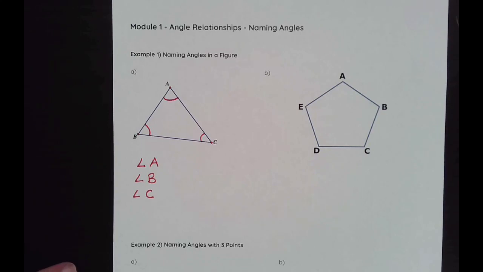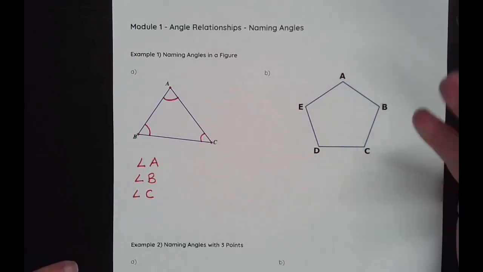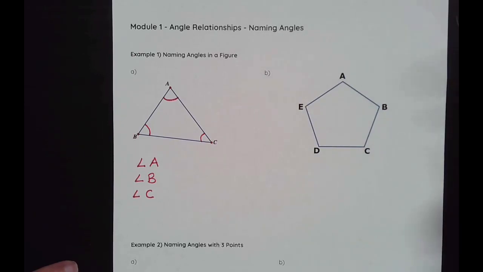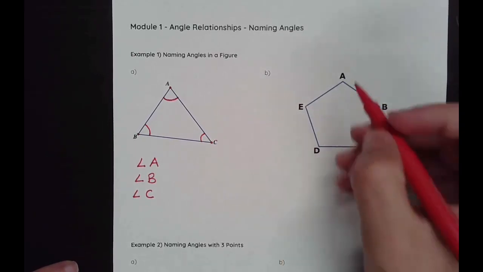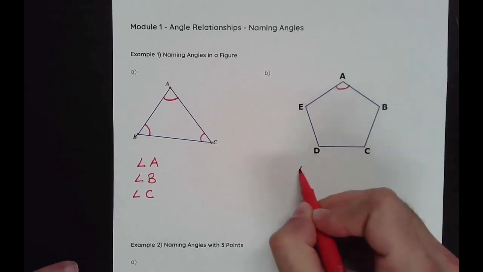Now, in part B, we have a pentagon. And again, I'm just dealing with this like closed figure, no extravagant lines. So I have a couple angles here. I'm going to color code these.